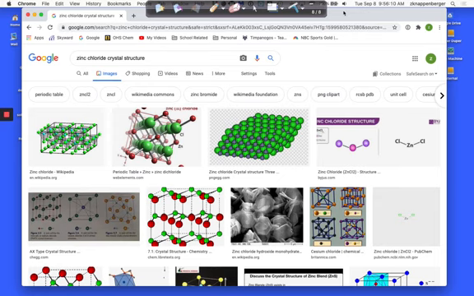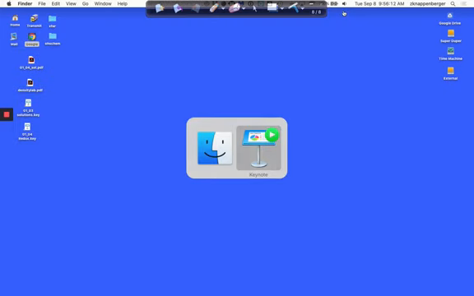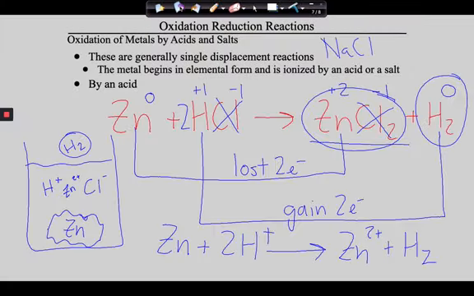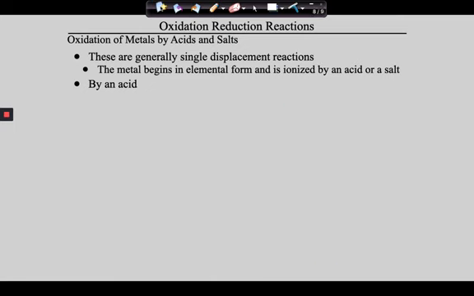Okay. So guys, let me get rid of this, jump back over here, pull this mess back up. You guys feeling okay about that? Let's do one more. Okay, so we got that one. Guys, now let's talk about the oxidation of a metal by a salt.